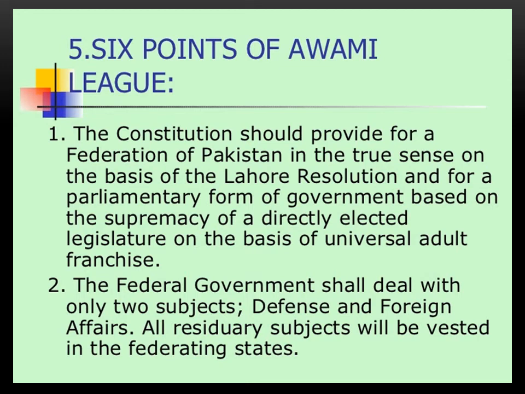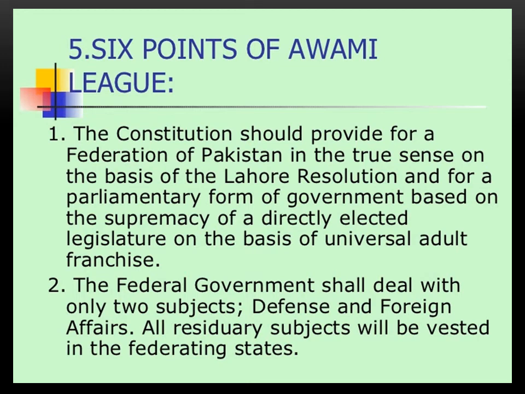So they asked for federation, which means a group of states, like a group of different provinces, like KPK, which was NWFP at that time, Balochistan, Punjab, Sindh, and Bengal. They would have independence in their internal affairs, so that East Pakistan would get some authority.